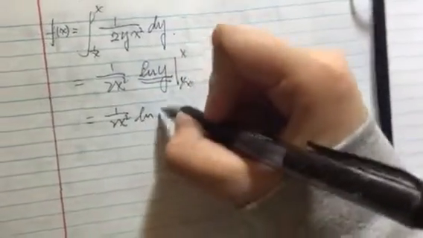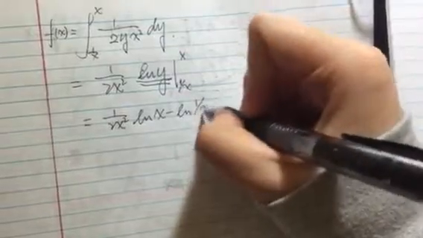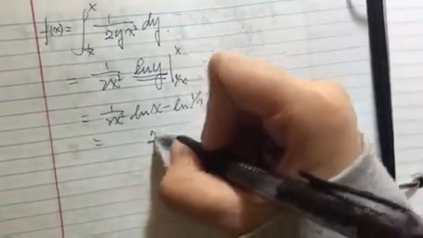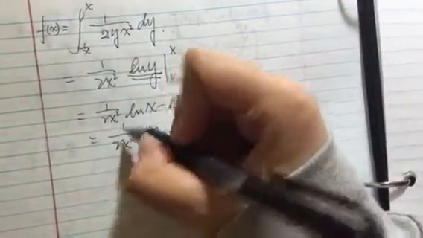We will get 1 over 2x squared times ln x minus ln 1 over x, which is ln x over 1 over x, so the natural log of x squared, which is 2 natural log x. So we have natural log of x over x squared.